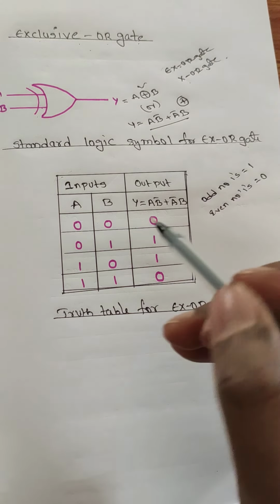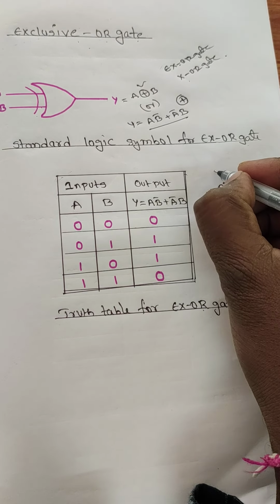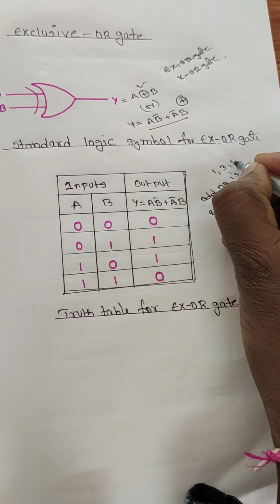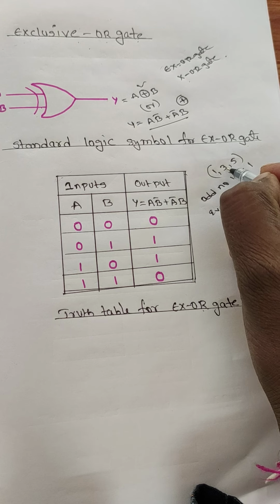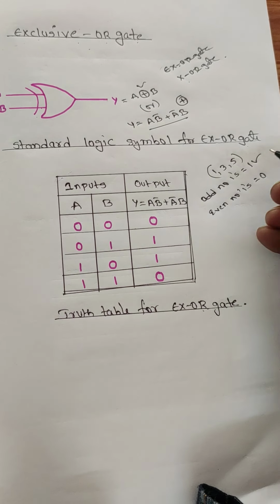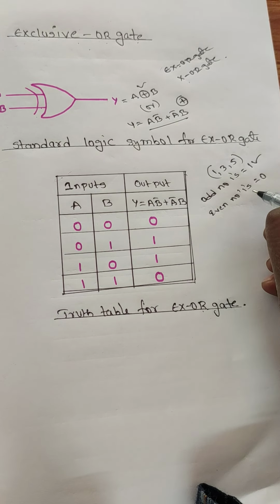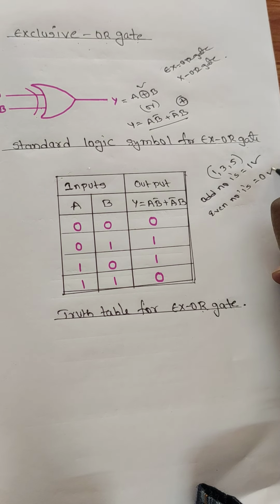Odd number of ones means 1, 3, 5 inputs, so one is there, or three ones are there, or five ones are there, then the output will be 1. When there is an even number of ones, the output will be 0.